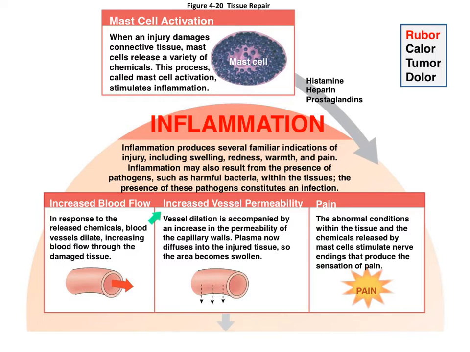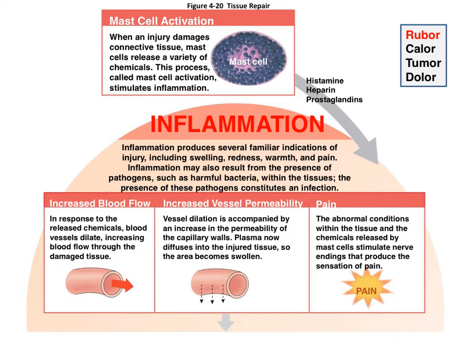This is important because that fluid contains immune cells, and it contains molecules that may help with the clotting process or stimulating regrowth. It also enables fluid to be swept into the lymphatic system, where that fluid can be scanned for infection and targeted by the immune system.